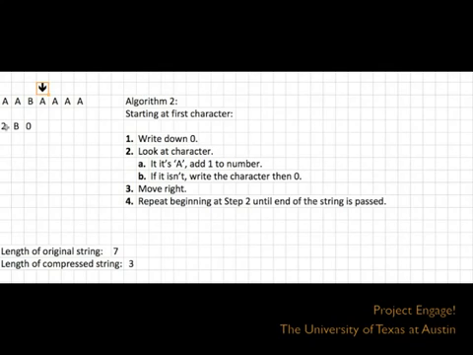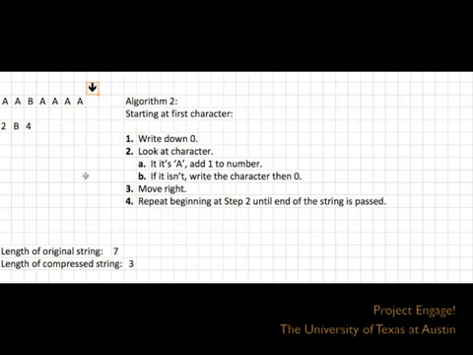Okay, is it an A? Yes, so we're going to add 1 to the number and move right. Is it an A? Yes. So we're going to add 1 to the number and move right. Is it an A? Yes, it is. So add 1 and move right. Is it an A? Why, of course. So we're going to add 1 to the number and move right.